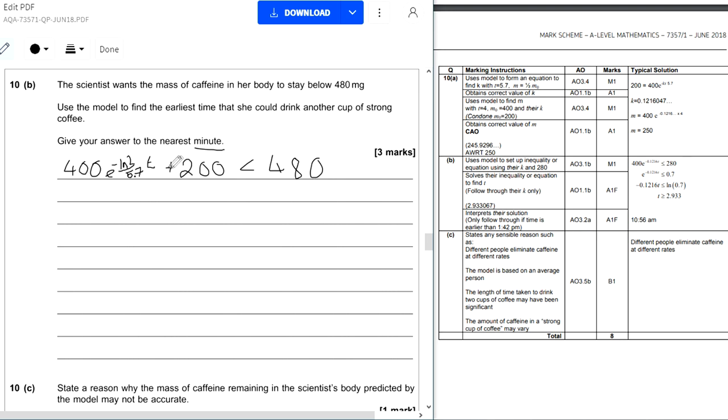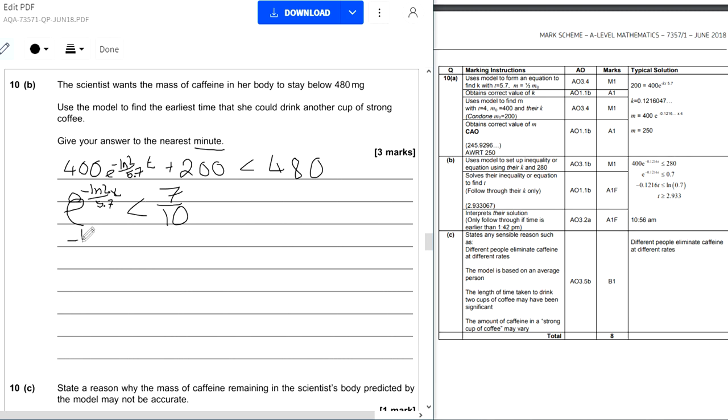So first things first, I'm going to shift that over and then divide by 400. So we're going to get e to the minus ln 2 over 5.7 t, that is the worst e I've ever seen, is going to be less than 480 minus 200, which is 280, divided by 400, which is 7 over 10.